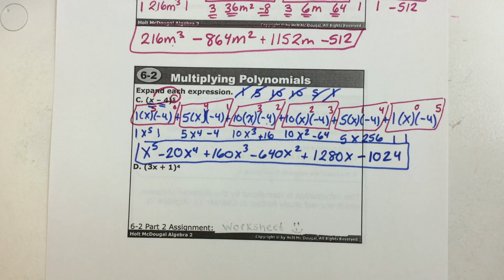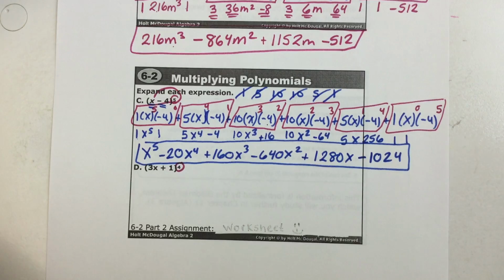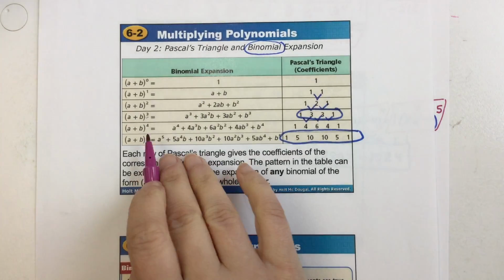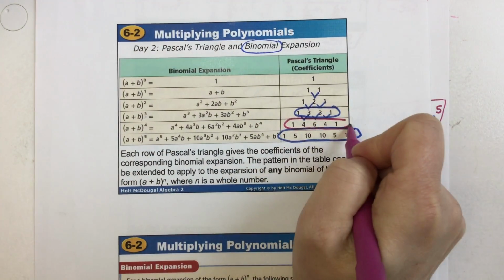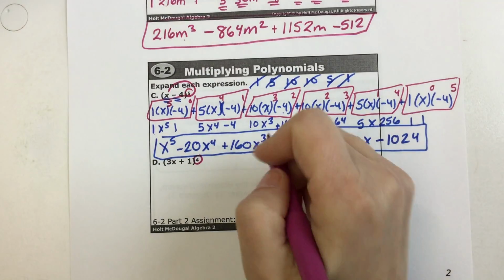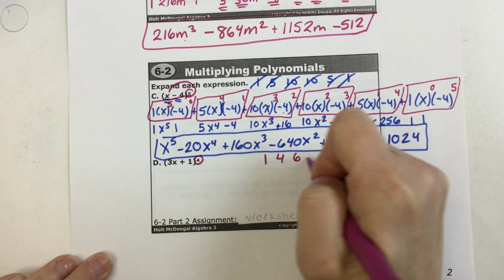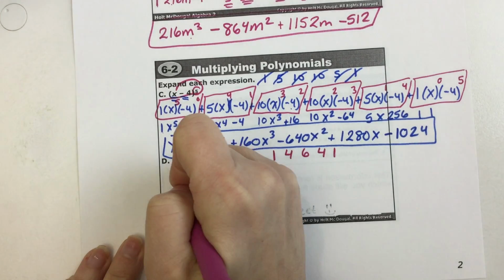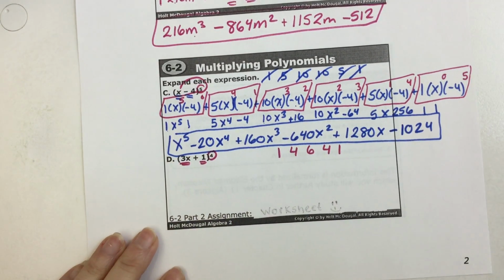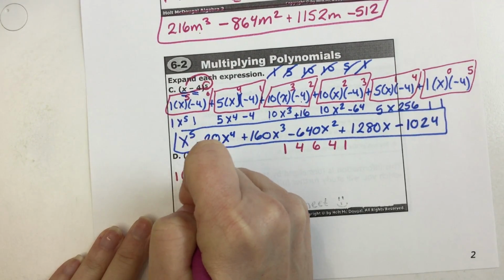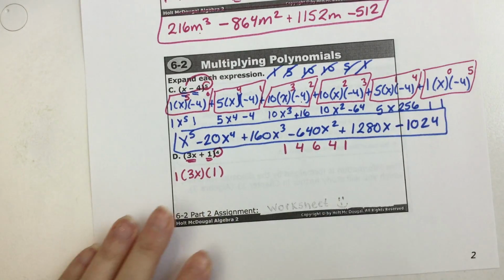Okay, last one together, and then it is a worksheet today where you get to practice this new really cool skill. My exponent this time is a 4. So when I look, this is a 4, so my numbers are 1, 4, 6, 4, 1. The first term is a 3x, the second term is a 1. 1, 3x, positive 1.